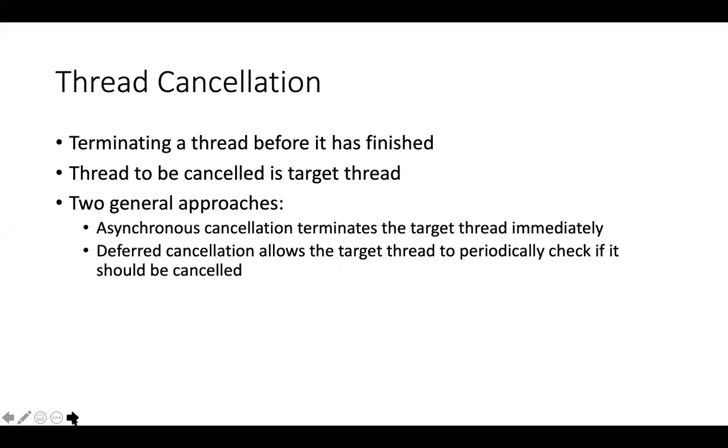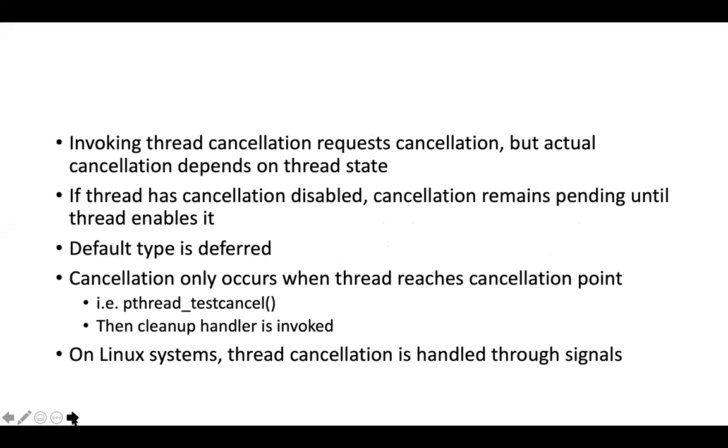Then when you are invoking a thread cancellation, a request has to be made for cancellation, but the actual cancellation depends on the thread state. If the thread is running, it might have to complete and then get terminated. If the thread has its cancellation disabled, then the cancellation remains pending until the thread is enabled.